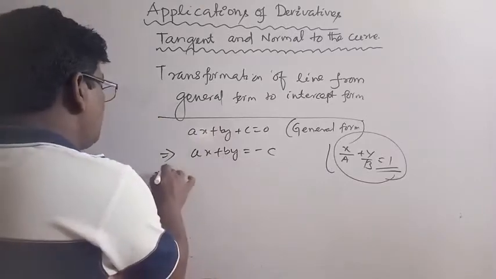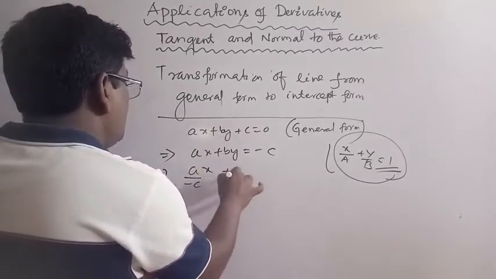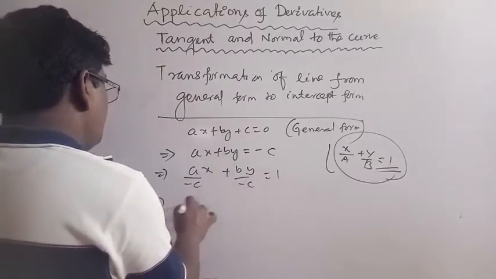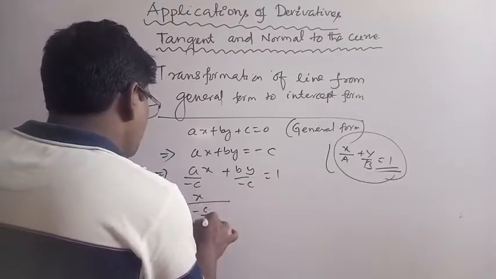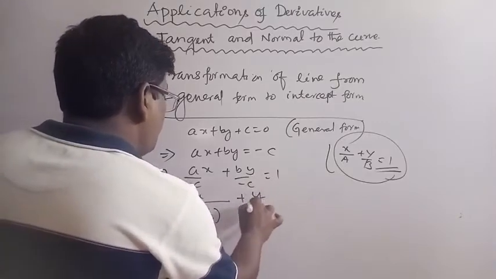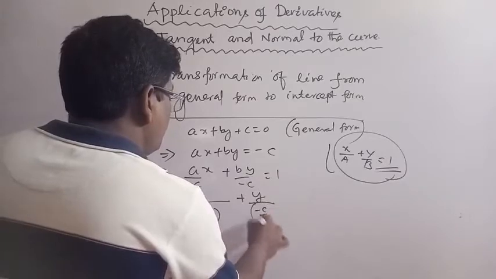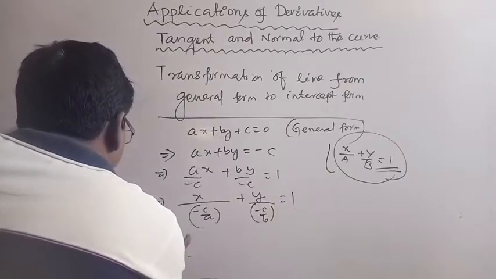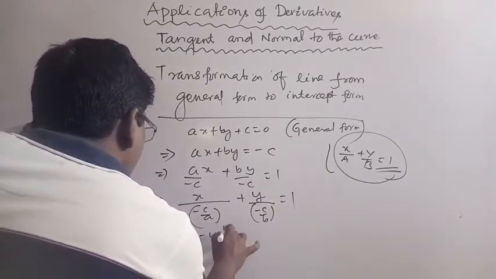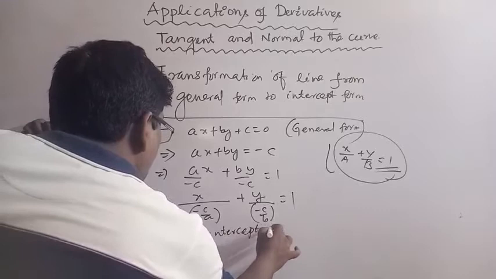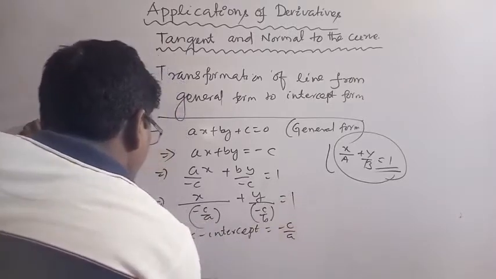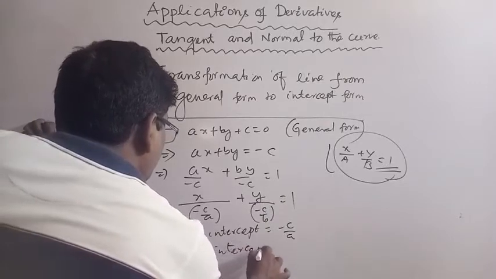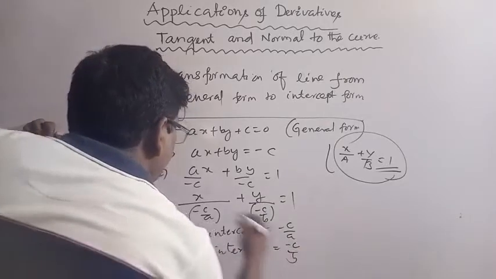So divide both sides by minus c: x by minus c by a plus y by minus c by b is equal to 1. Here the x intercept is equal to minus c by a, and the y intercept is equal to minus c by b.